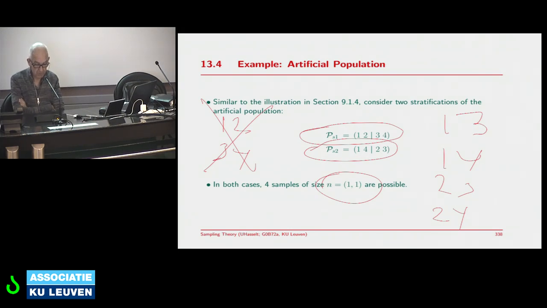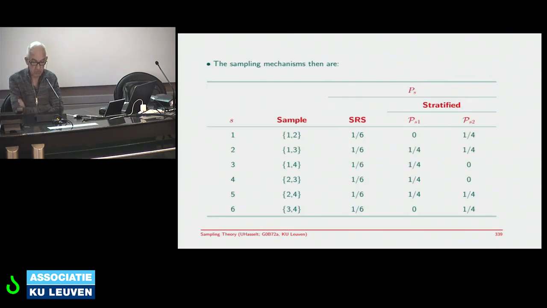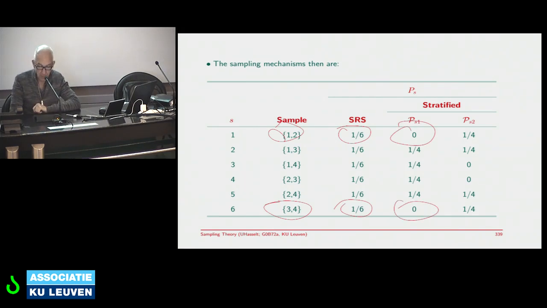Okay. So we take a sample of size 1 and 1, one from the first stratum, one from the second stratum. The mechanisms are, as I said, 1, 2, and 3, 4 are impossible. Well, not with simple random sampling, but now, yes, now they get probability 0. So the most extreme samples are taken out of the loop. Whereas, if we go for the second somewhat bizarre stratification, it's the middle ones that go out of the loop, 1, 4, and 2, 3.